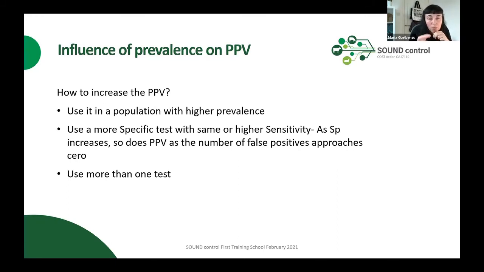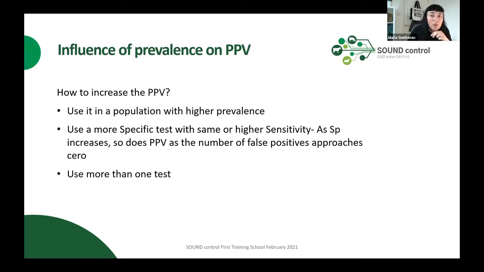Or we can target animals with a certain clinical presentation. We can use a more specific test with the same or higher sensitivity, and as the specificity increases, so does the positive predictive value. And we can also use more than one test, which we're going to explore in a couple of slides.